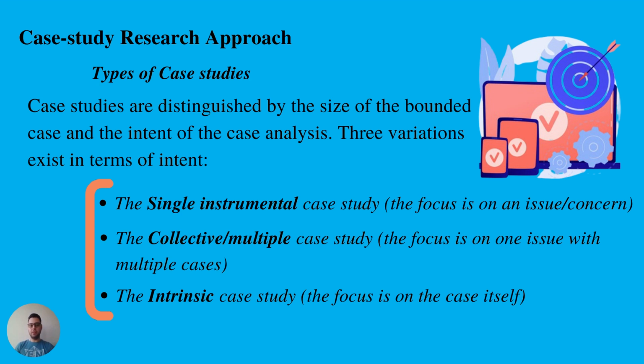In a single instrumental case study, the researcher focuses on an issue or concern, and then selects one bounded case to illustrate this issue. In a collective case study, one issue or concern is again selected, but the researcher selects multiple cases to illustrate the issue. The final type of case study design is an intrinsic case study in which the focus is on the case itself.